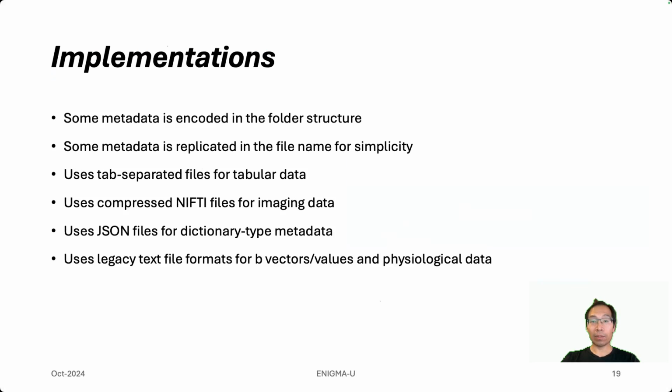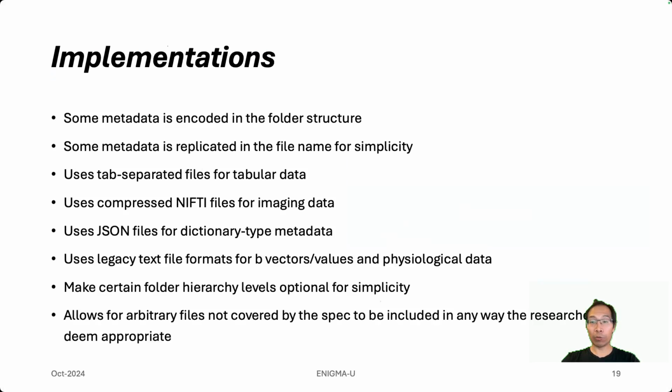Sixth, use legacy text file formats for bvecs and bvals, that is the diffusion data, and physiological data. Seventh, make certain folder hierarchy levels optional for simplicity. Eighth, allow arbitrary files not covered by the spec to be included in any way that the researchers deem appropriate.